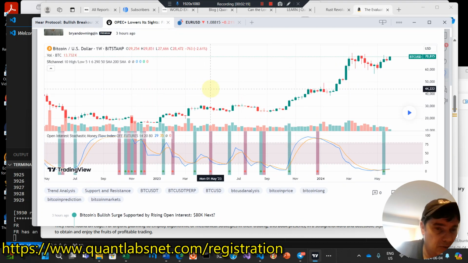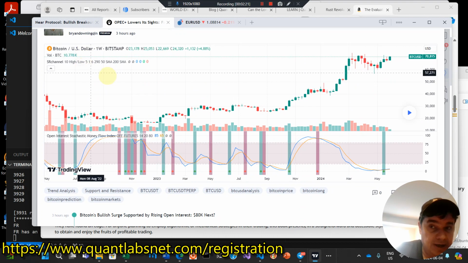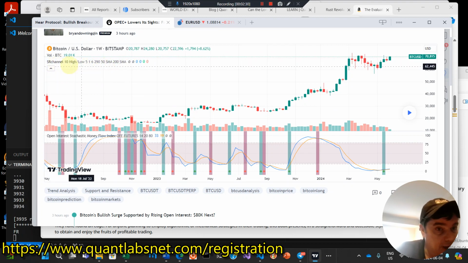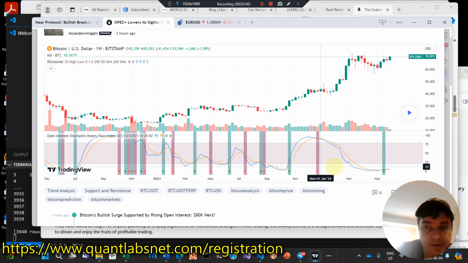Now, the nice thing about TradingView is that you get all of these different indicators and strategies for free, and there's over 100,000 of them, some with source code. And this one here, SAR channel 10 high low, is exactly on open interest here.